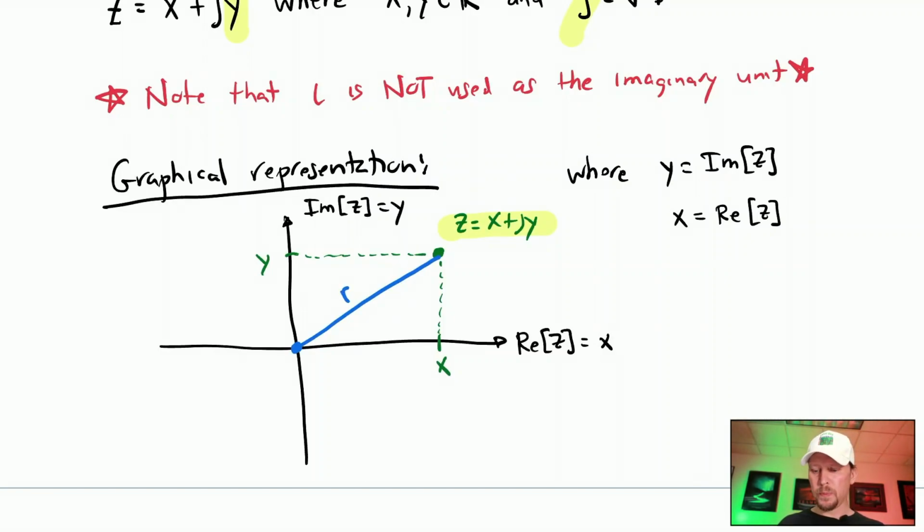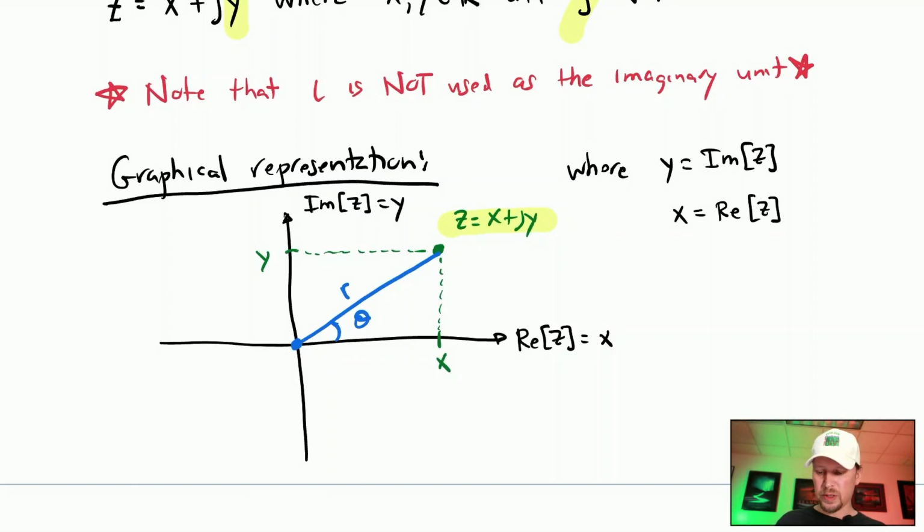That's the distance r. And if you go from the positive x-axis and turn counterclockwise until you hit that line where the complex number happens to be located, this is the angle theta that's used.